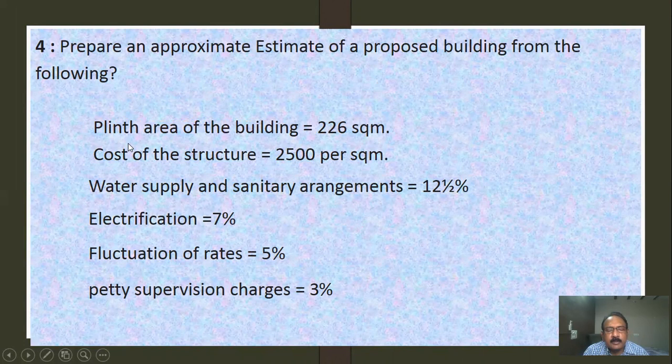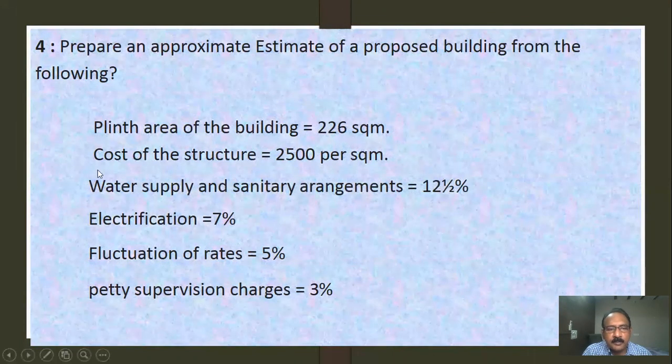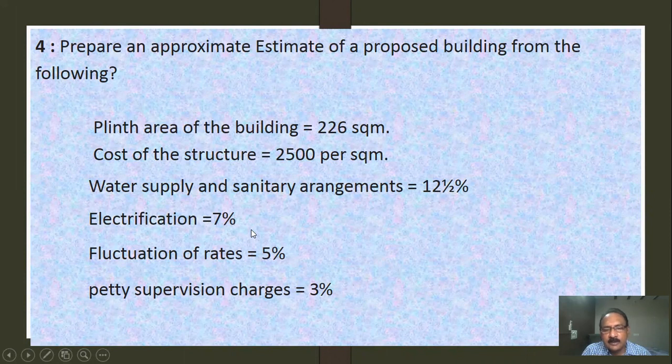Now, if you see what we have calculated, first, in the problem itself, the data given is the plinth area of the building and cost of the construction. The plinth area of the building is 226 square meter. See, why I am repeating this problem is because definitely you will get one 10 marks question compulsory in this, like this problem. So maybe cubical content method or plinth area method or service unit method, or you get A, B questions, both.